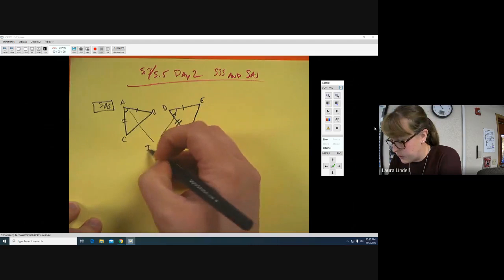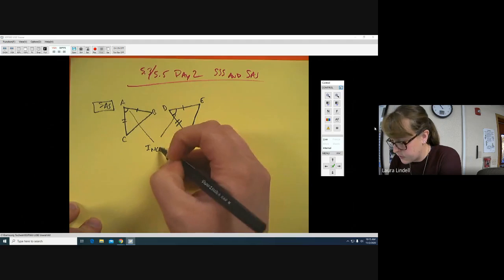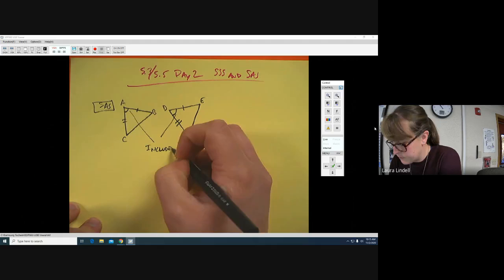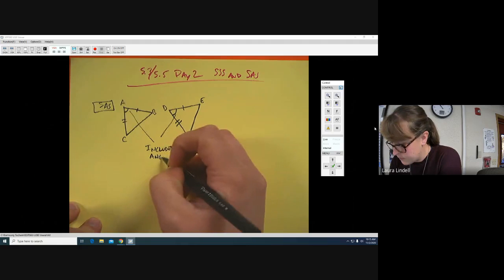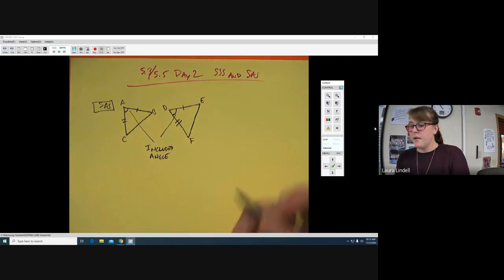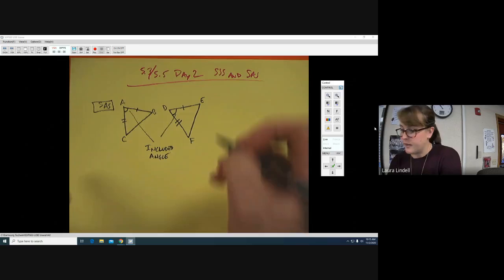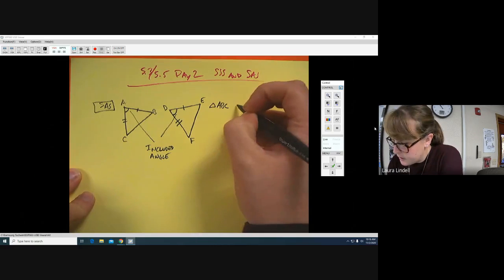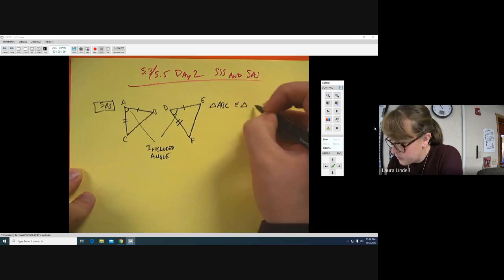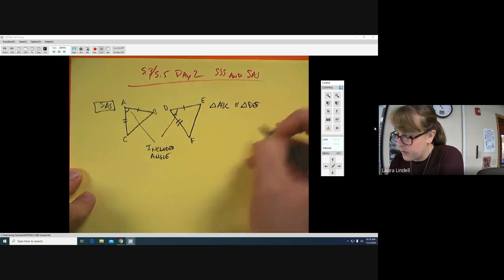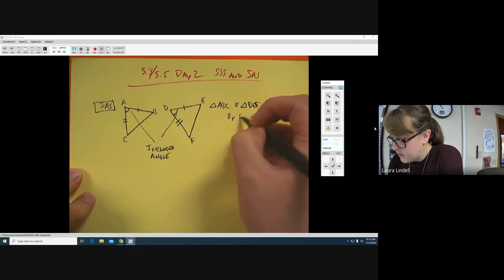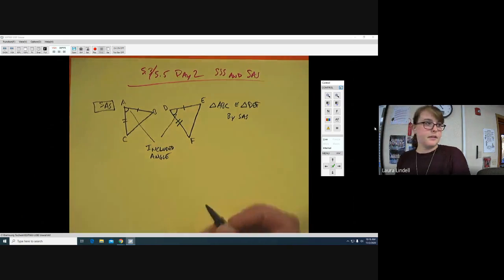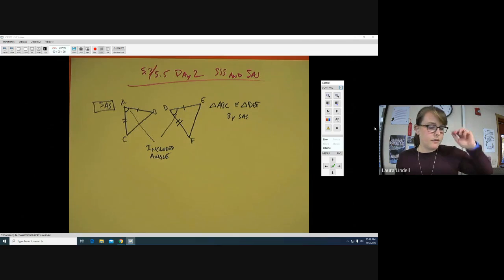This is called the included angle. Then we could say that triangle ABC is congruent to triangle DEF by SAS. Just a quick refresher on what SAS is.